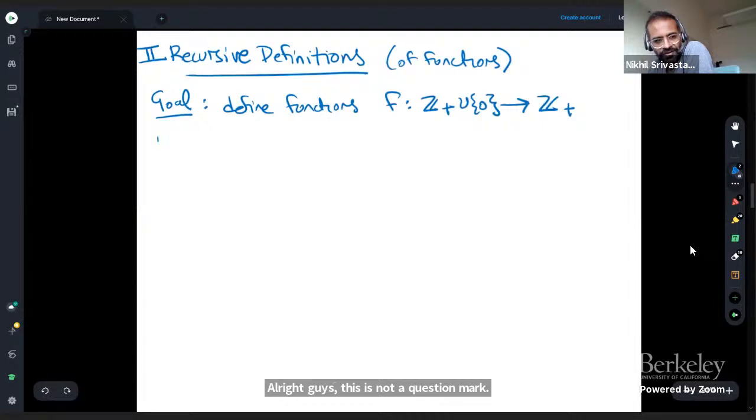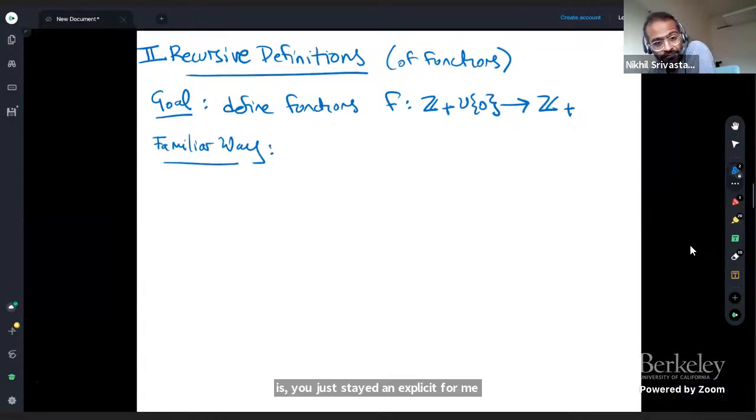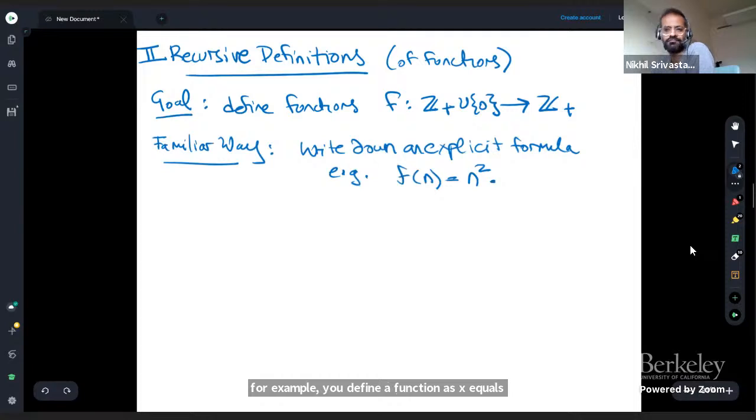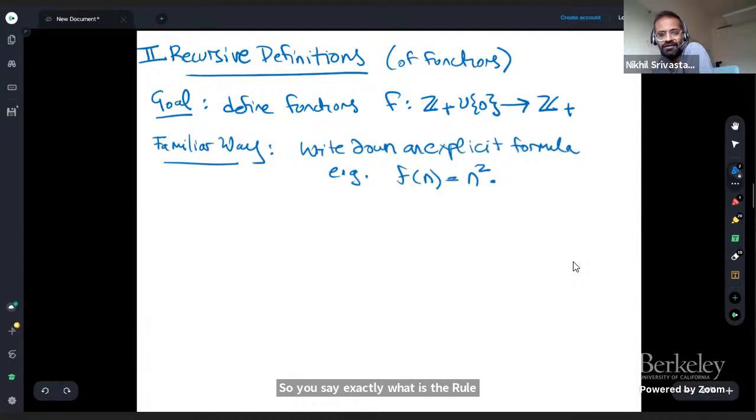The familiar way that you're used to of doing this is you just state an explicit formula. For example, you define a function as f of n equals n squared. So you say exactly what is the rule mapping the input to the output.